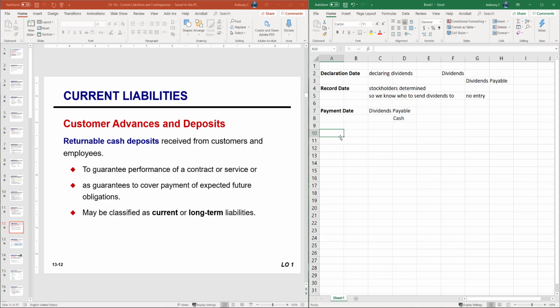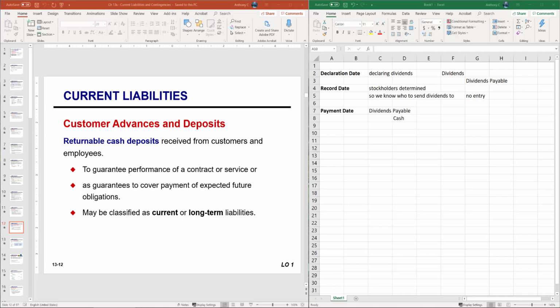Okay, next liability is customer advances and deposits. These are just returnable cash deposits that a company receives from its customers or employees to guarantee performance or payment. For example, if you ever rented an apartment or a house before, you probably had to pay a security deposit.